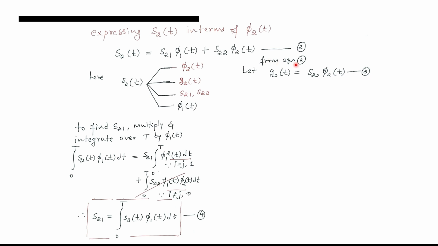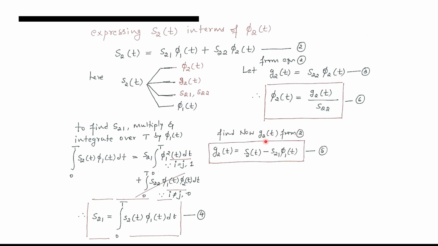Therefore, from equation 2, I am going to consider an intermediate signal G2 of t equal to S22 into phi2 of t. Here we have to calculate G2 of t first in order to find phi2 of t. S2 of t we know, S21 we already calculated, phi1 of t we calculated from the previous step.